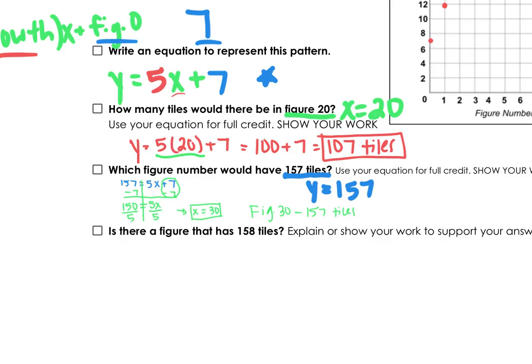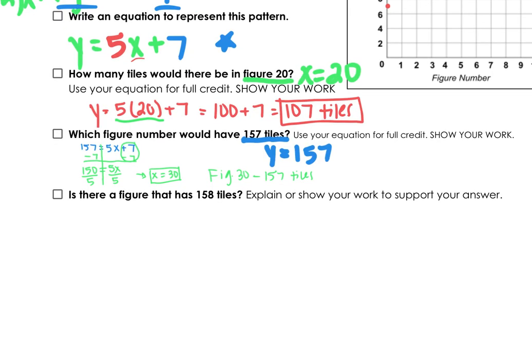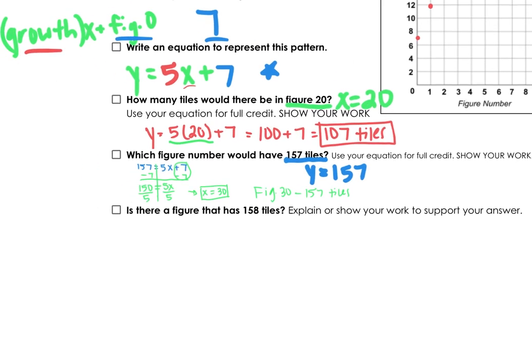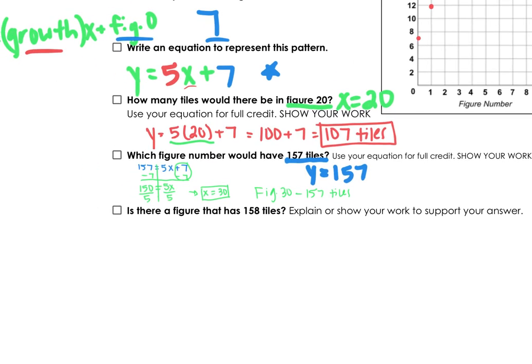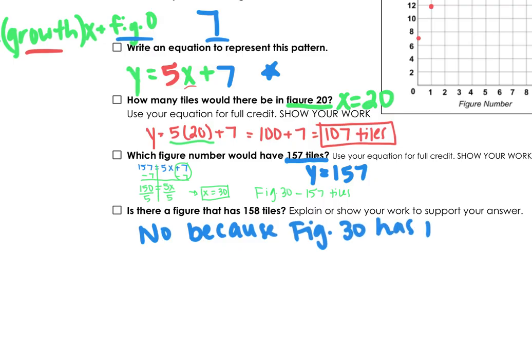Then this next question: is there a figure that has 158 tiles? Explain or show your work to support your answer. No, there won't be, because figure 30, which we just found, has 157 tiles in it, and the pattern is growing by 5.